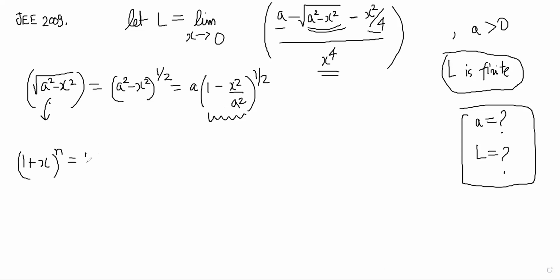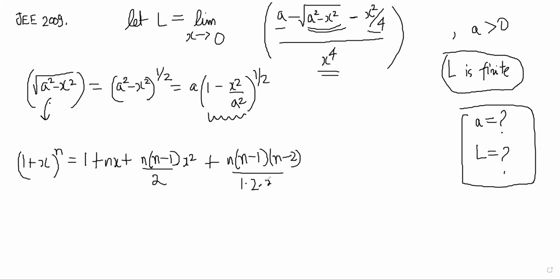Binomial theorem for something like this: 1 plus x power n will be 1 plus nx plus n(n minus 1) by 2 x square plus n(n minus 1)(n minus 2) by 1 into 2 into 3 x cube and so on. This is nC1 only, this is nC2 only. So I will write 1 minus x square by a square to the power half. Instead of x, I have minus x square by a square, and instead of n, I have half.